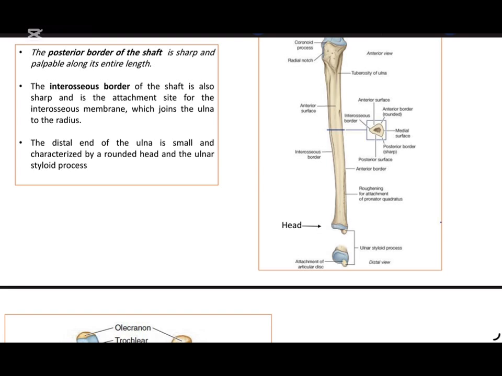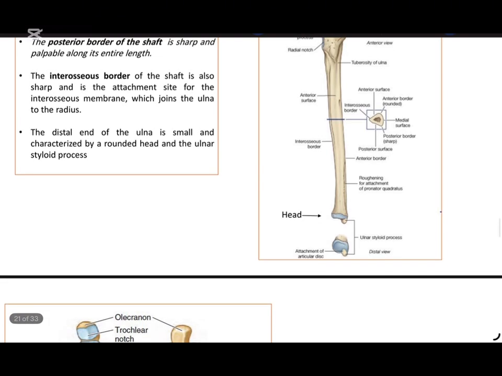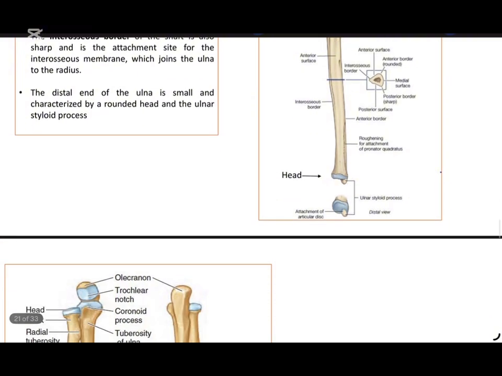This head, we said, articulates with the radius at the ulnar notch. Then we have here the styloid process of the ulna. Here, inferiorly, there is articulation with the disc. We call it the articular disc, which separates the ulna from the carpal bones and is excluded from the wrist joint. Okay?